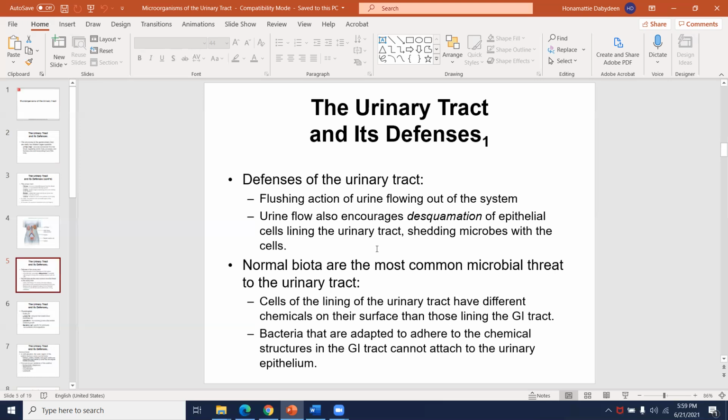Hence, that's a deterrent for the organisms to stay in the urinary tract. Okay, why is that important? Well, we'll learn later on that most of those organisms we call normal flora of the GI tract, the gastrointestinal tract, are going to be the pathogens of the urinary tract. So if organisms of the GI tract are not adapted to attach to the cells of the urinary tract, then that would be a good thing.